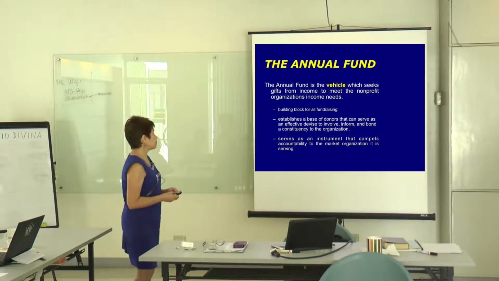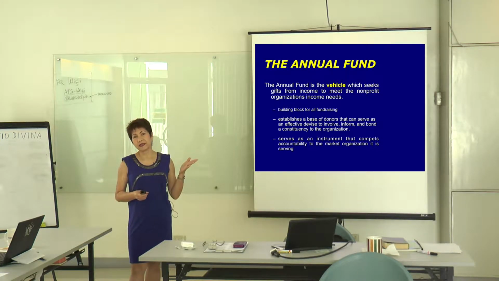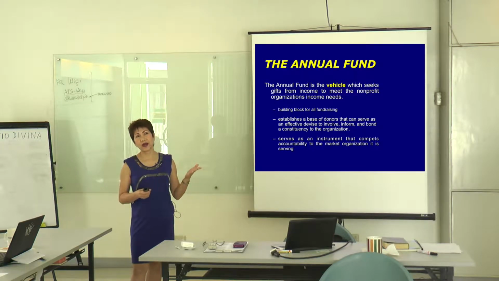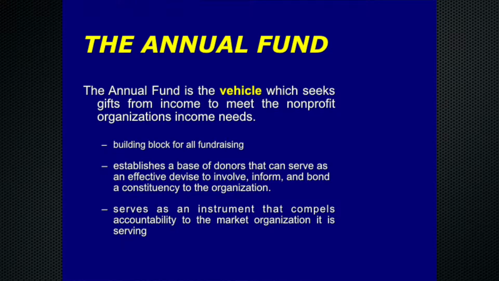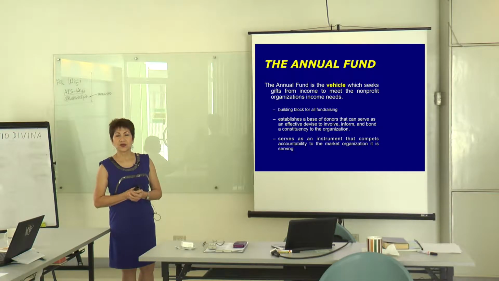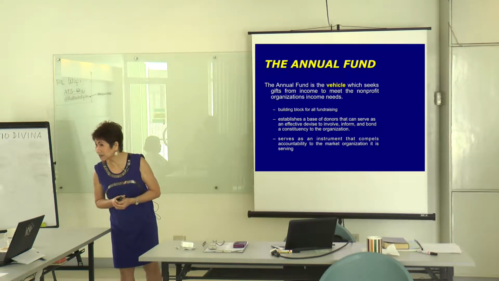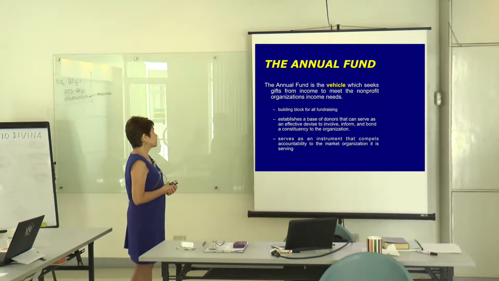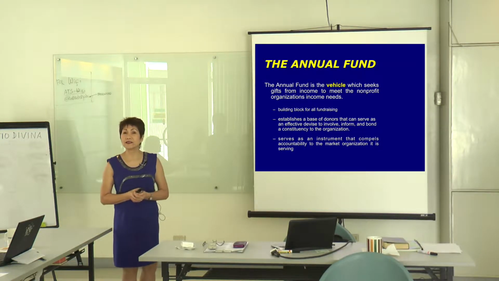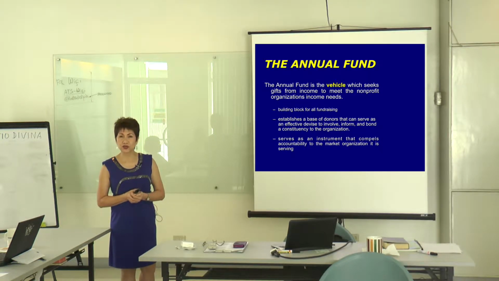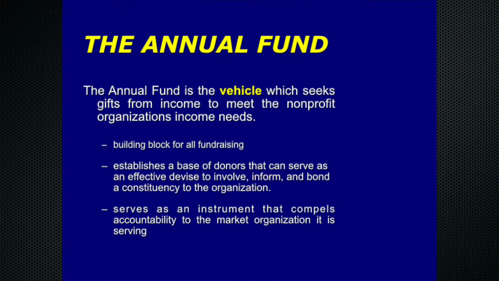general fund. The annual fund campaign, or the annual fund program, is also the vehicle that nonprofits use to seek gifts from income to meet your nonprofit income needs. So you have an income need, you have a budget income that you need to raise, and the annual fund should be the vehicle that you will use in order to find that source of income or gifts.